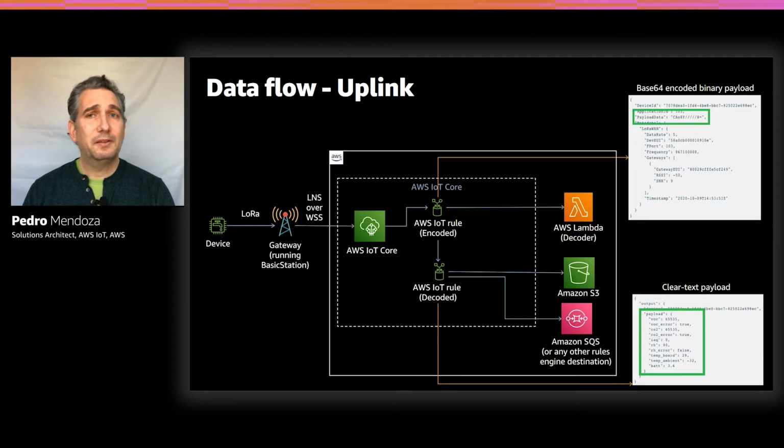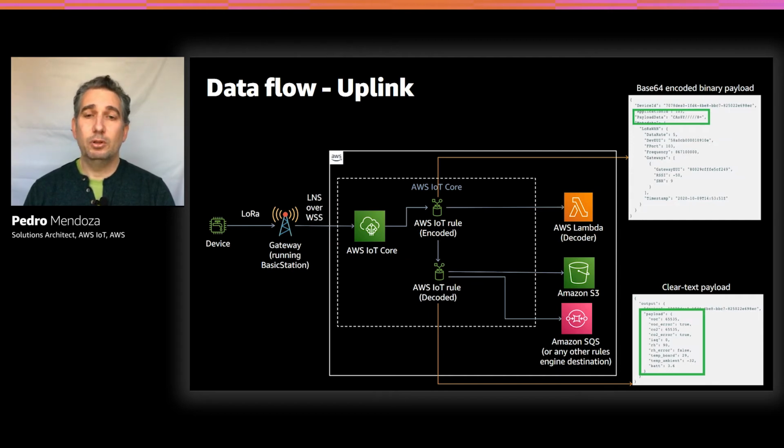An important characteristic of the integration of the LoRaWAN devices and the rules engine is that, due to the bandwidth constraints associated with LoRaWAN devices, they will typically send data in an encoded format. That's why, as you can see in the diagram, the very first step is to decode that payload so it can be properly consumed by the downstream consumers.